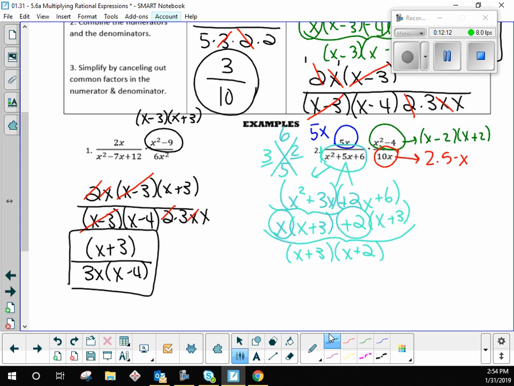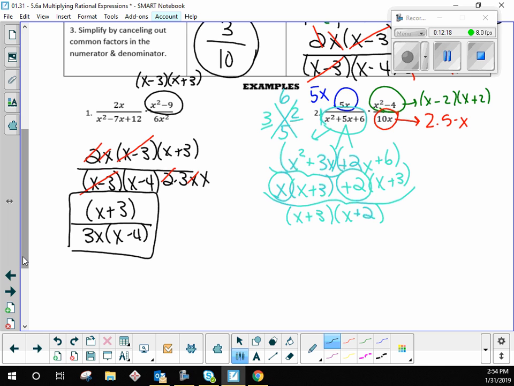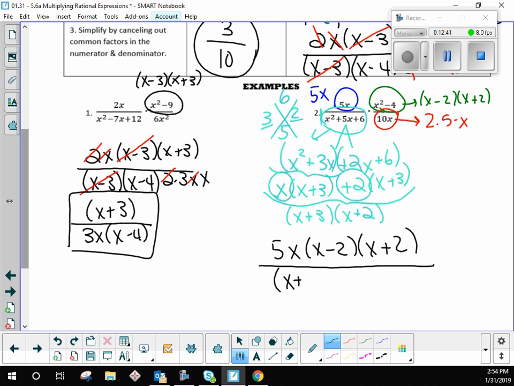Now I'm ready to put it back in a big fraction and see what cancels. So the upper left, the blue stuff gave me 5 times x. Upper right, the green stuff gave me x minus 2, x plus 2. The bottom stuff on the left, the teal, gave me x plus 3, x plus 2.